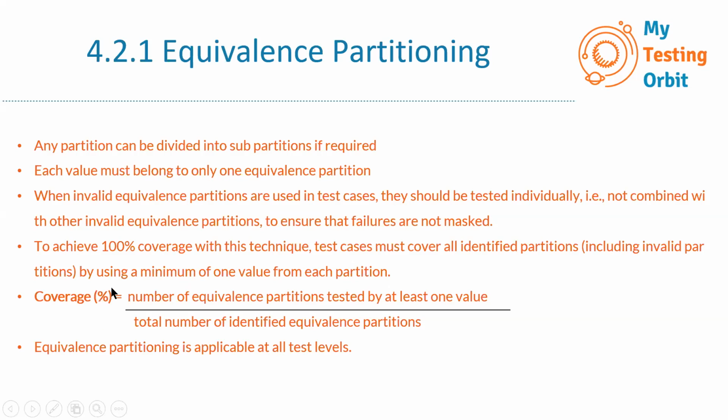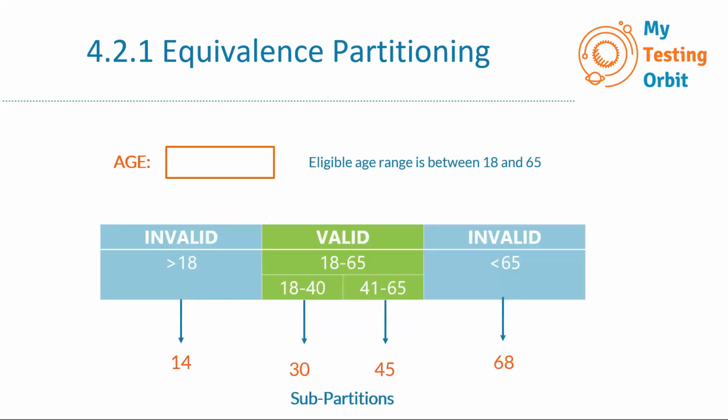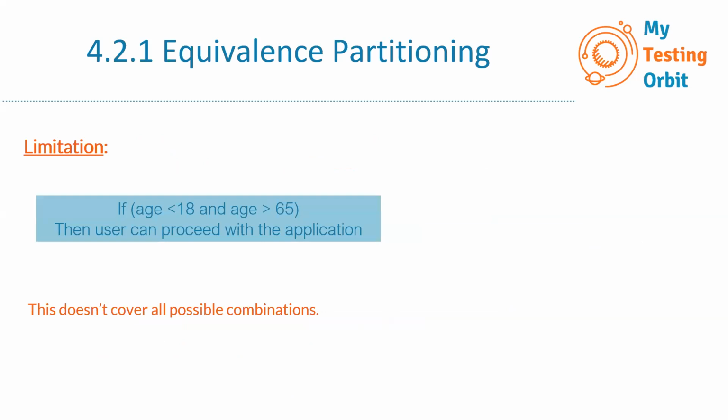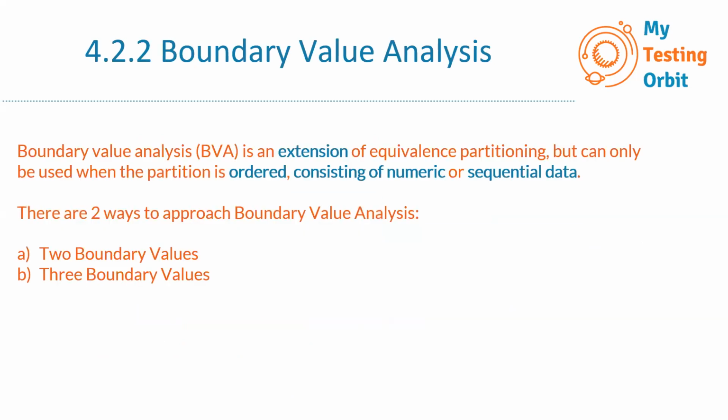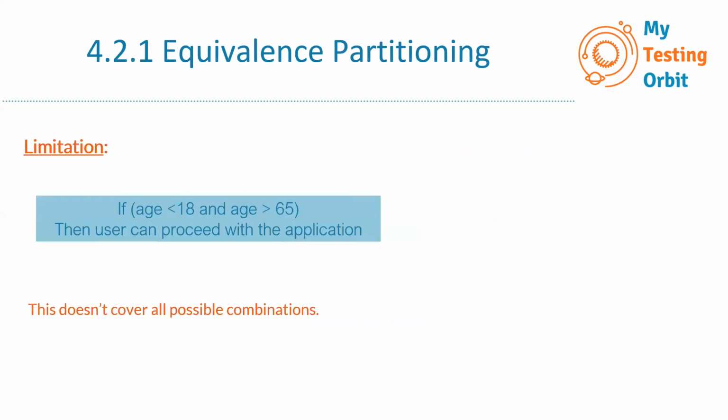Okay, so now we know what equivalence partitioning is, how we can apply it, and what the benefits of it are. But we also have a limitation. And what's the limitation? Because it's black box testing, we don't know how the code is written. We don't have access to the code in black box testing.